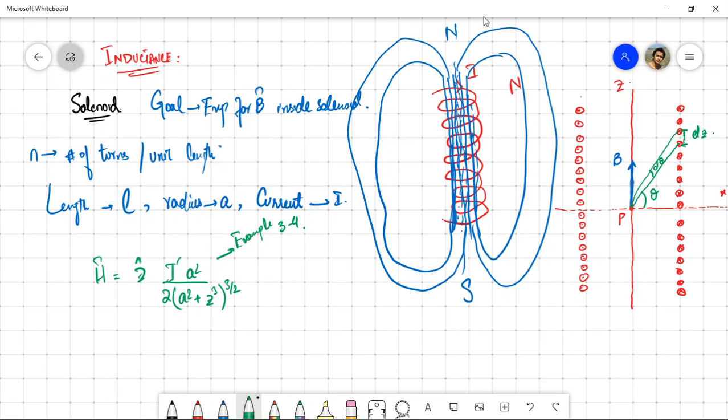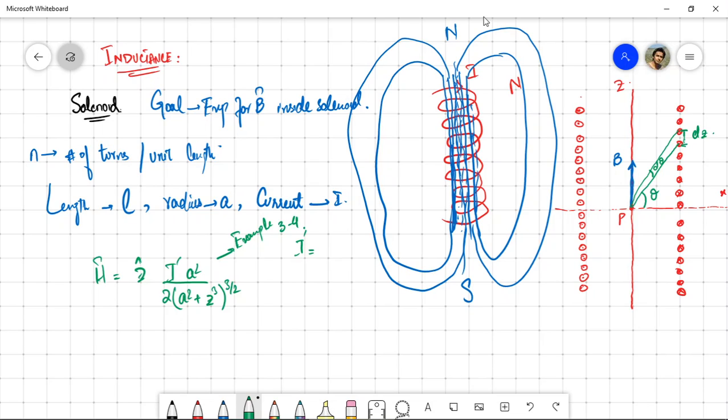If we're taking an elemental length, then this current was the current flowing through a singular loop, but in this incremental length there can be a number of loops. So we'll change this expression of I dash into an expression which takes into account all the loops that are carrying the current in this incremental length.